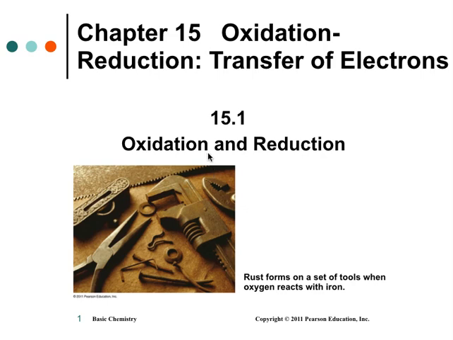So let's get started. Oxidation reduction, I think of it like a baseball game. I think of an electron as being something that can be transferred, and if you get rid of an electron, you get rid of part of your negative charge, and that means you become more positive. So if you are more positive, that is what is called oxidized.